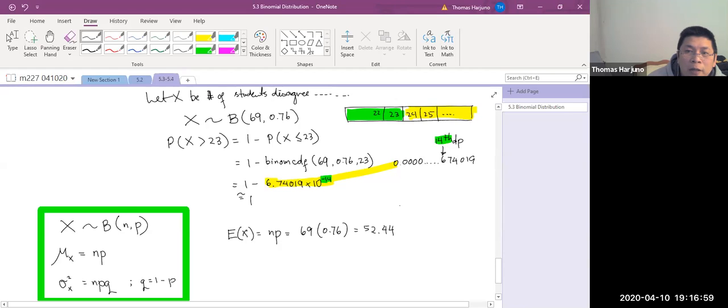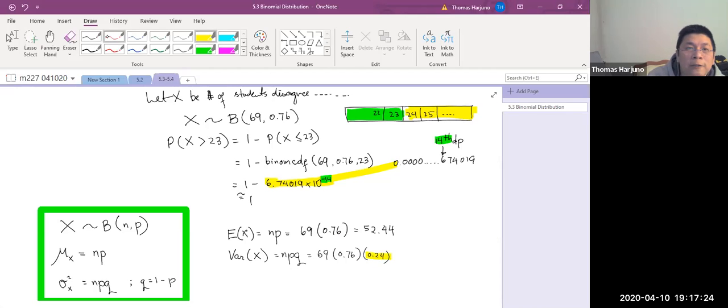Now, what is the variance? The variance will be npq, which is 69 times 0.76 times 0.24. Now, where do you get this 0.24, Thomas?